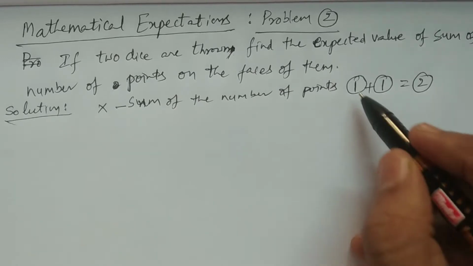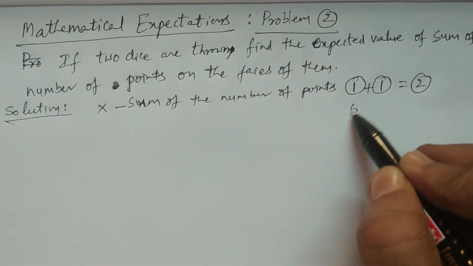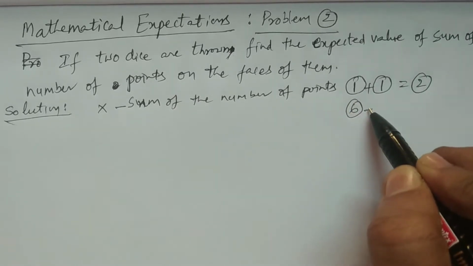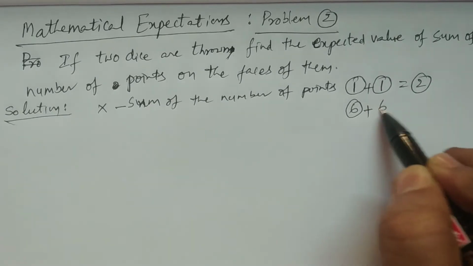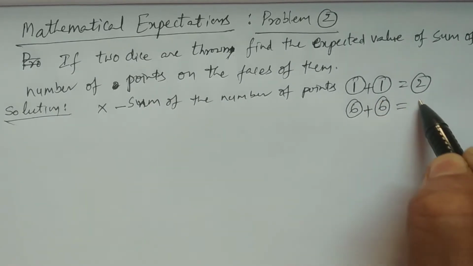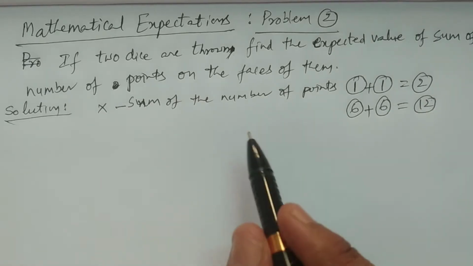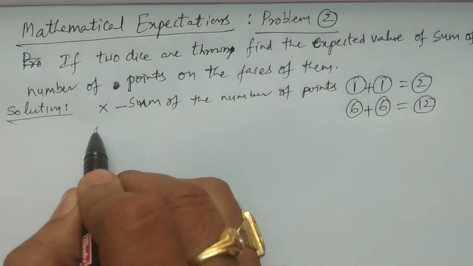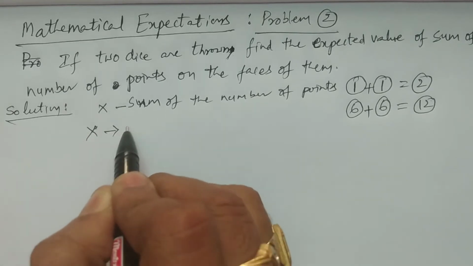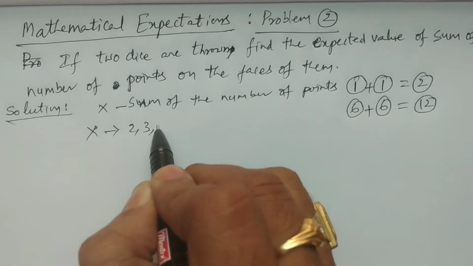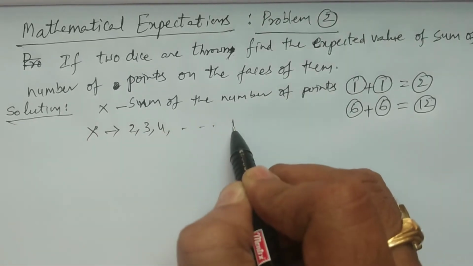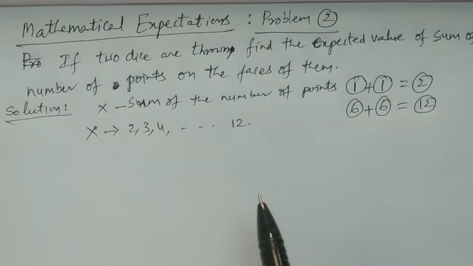The maximum is 6 on one face of the dice; if the other dice also shows 6 points, then 12 is the maximum. So this is the required maximum value. So random variable X takes the values 2, 3, 4, 5, and so on up to 12. Now you have to calculate the probability at each point.